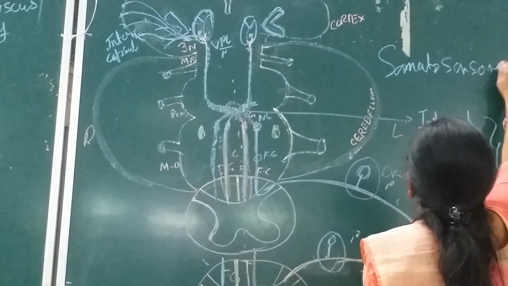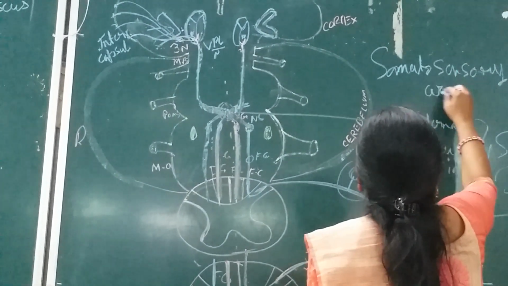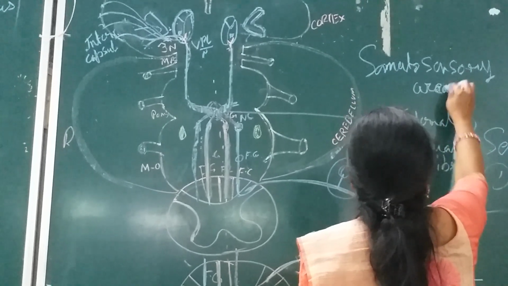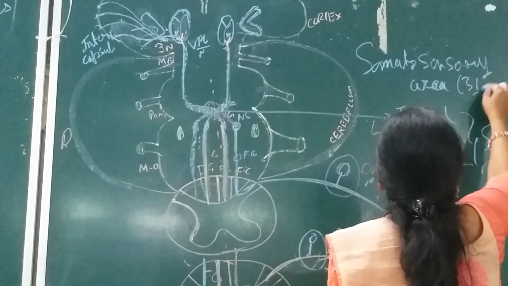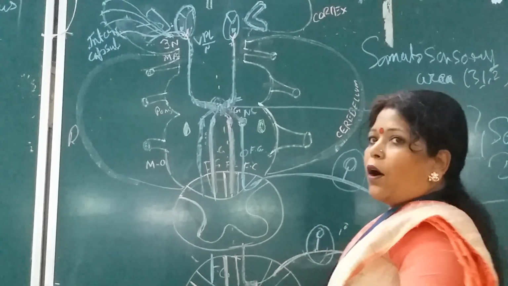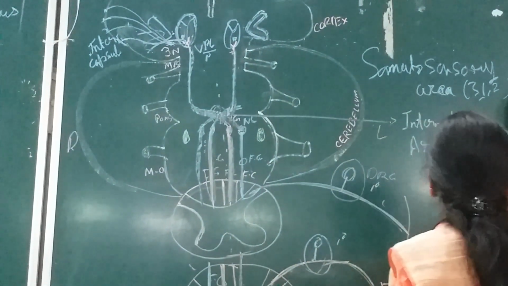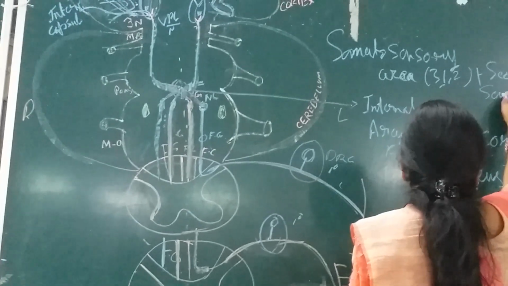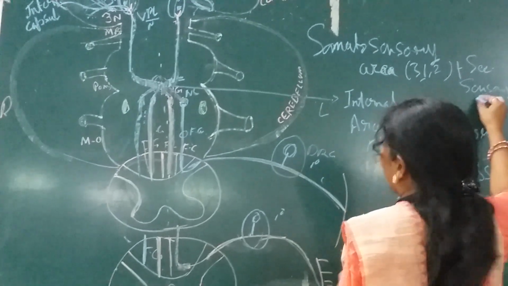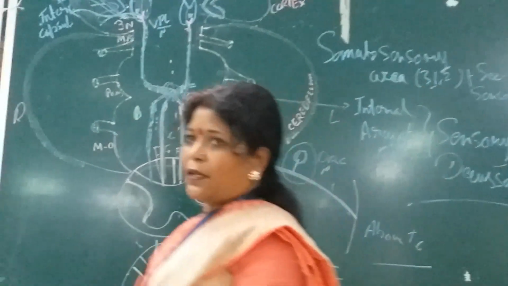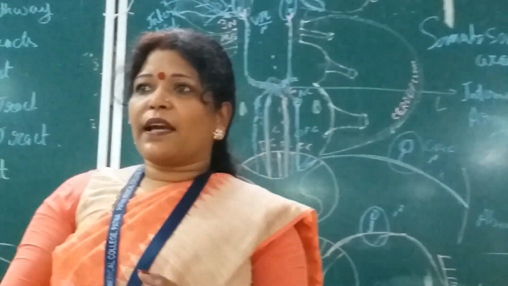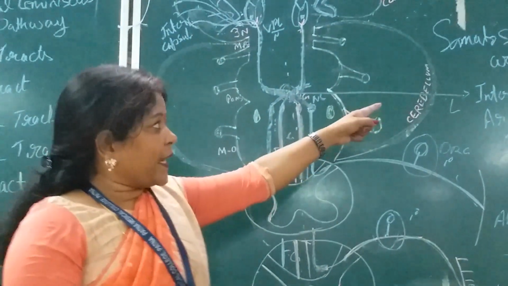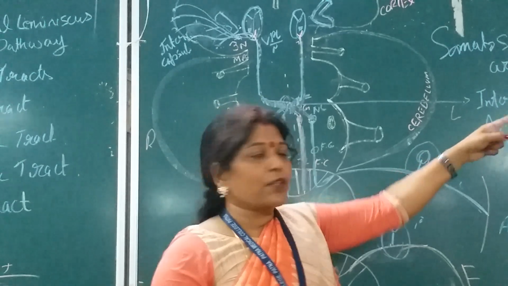Somatosensory area. And what is the nomenclature of this area? Area number 3, 1 and 2. Also to the secondary sensory area. Just behind this primary sensory gyrus, there is the secondary sensory gyrus also.